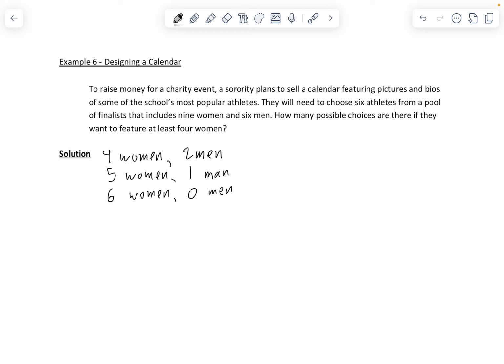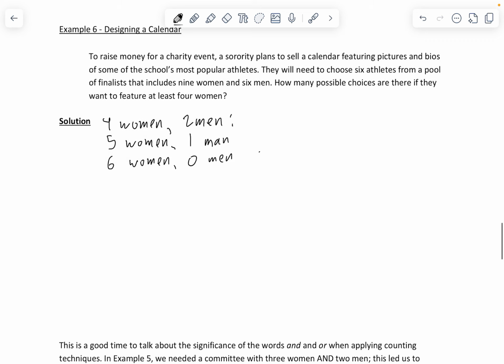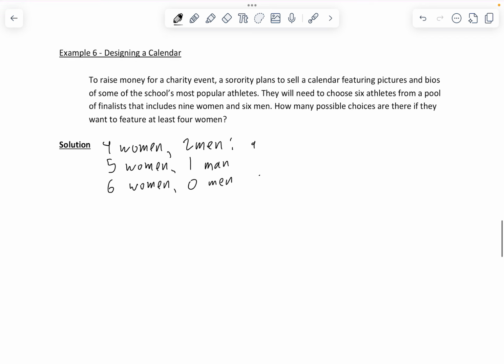Okay, so for this first scenario, 4 women and 2 men. Again, we have 9 women finalists and 6 men finalists. So this would be the number of ways of choosing 4 women from a group of 9, and we multiply that by the number of ways of choosing 2 men from a group of 6, okay?